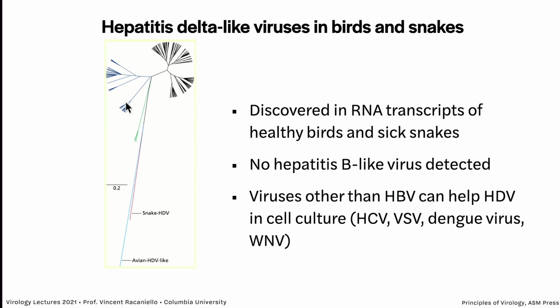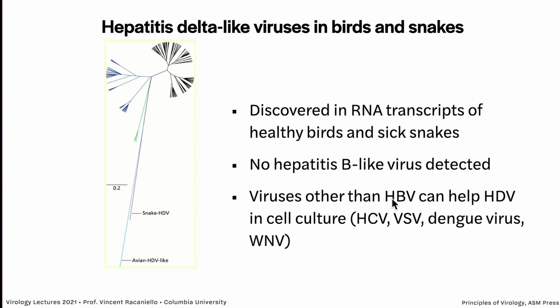By the way, on the left is a phylogenetic tree showing you the relationships between these delta viruses. So on the top are human isolates. They fall into two branches on this tree, and there's a lot of them, as you can see by all the different branches. And then down here are the snake and the bird HDV-like sequences. So they're quite evolutionarily different, although they're similar to each other.